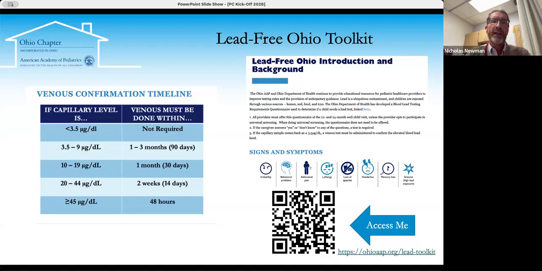If you look on the right side, where it talks about signs and symptoms of lead exposure, I'll tell you right now, even as someone who runs a referral clinic for kids with lead poisoning, it's very unusual to see any symptoms related to lead.